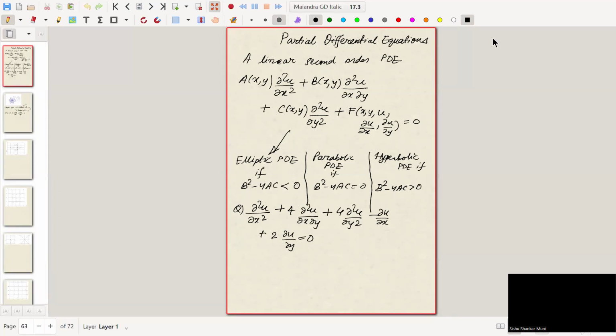If b square minus 4ac is less than 0, it is an elliptic PDE. If it is equal to 0, parabolic. And if it is greater than 0, hyperbolic. So what kind of PDE is it? I think you found out that it is a parabolic PDE.